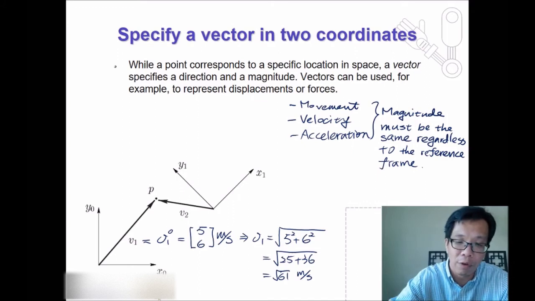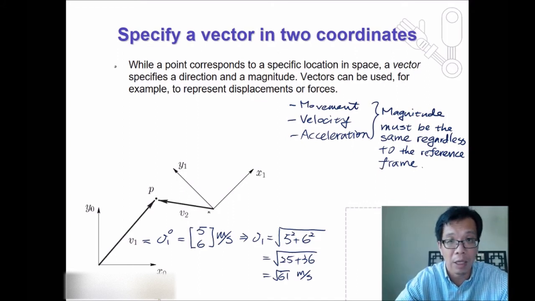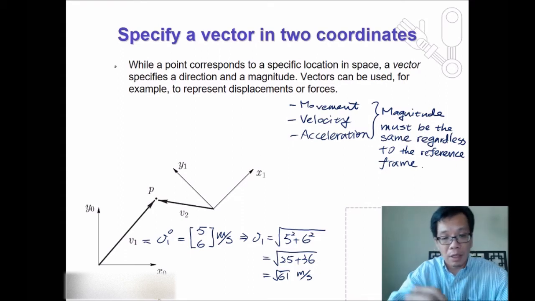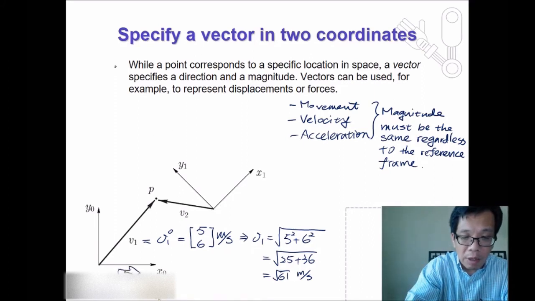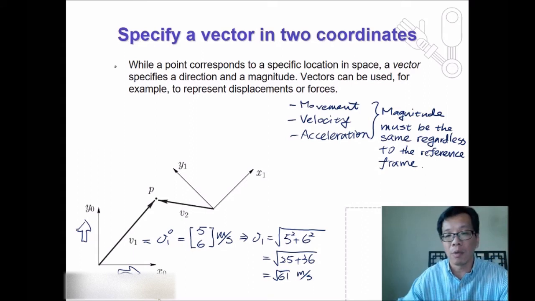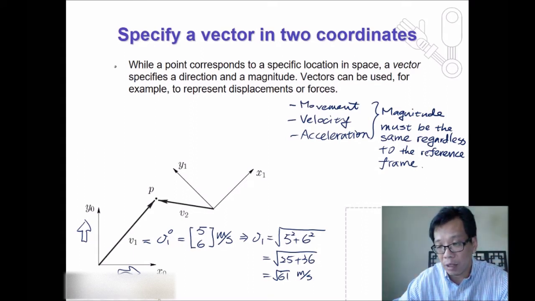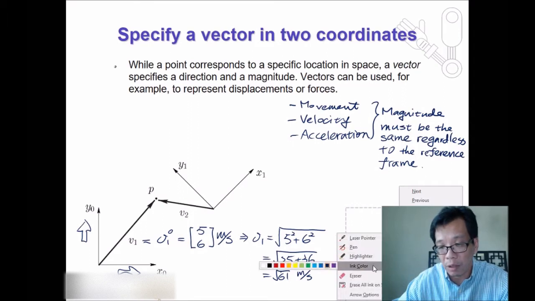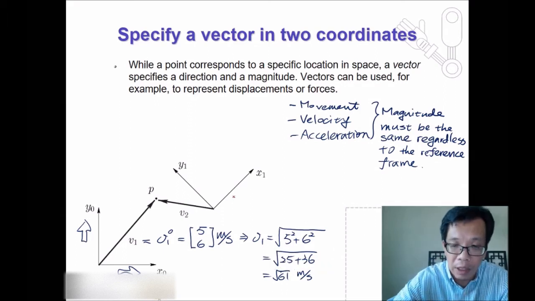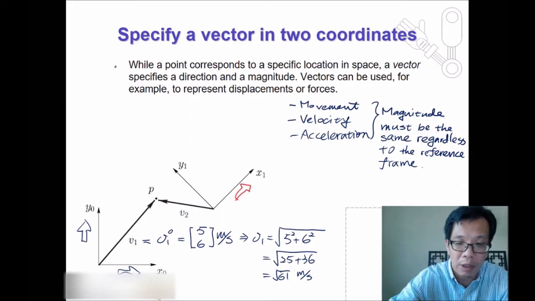So if we are measuring the velocity in the coordinate x1 and y1, we might get a little bit different result. Why? Because x is moving in this direction, y is moving in this direction. If we are dealing with the coordinate system x1, y1, we are actually dealing with the velocity along x1 and y1.